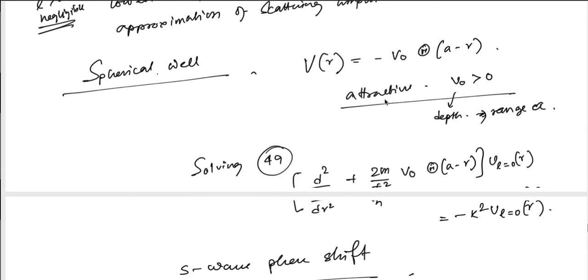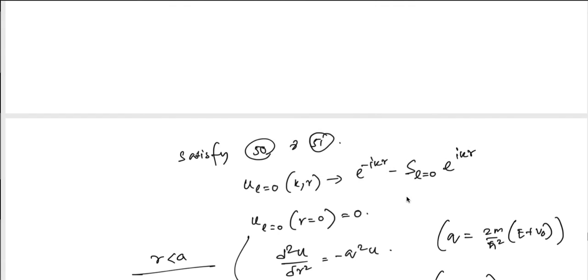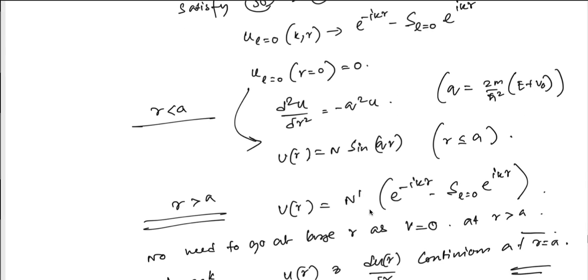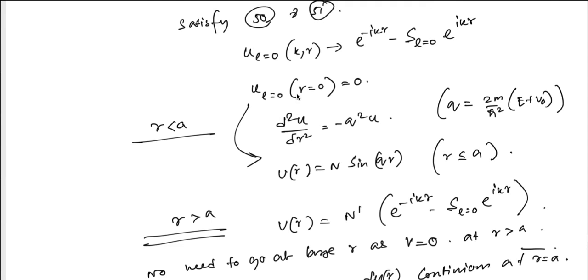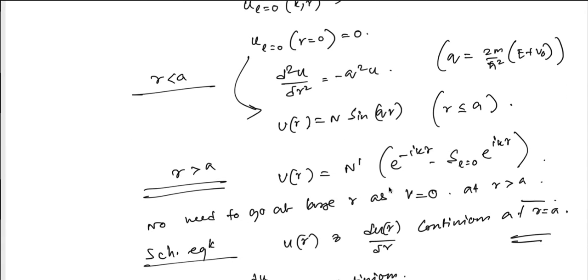It's not enough just to solve this equation, we have to also satisfy the asymptotic forms, which is at large r it must be of this form, and at small r going to 0 it must be of this form. So if I plug these forms in, this satisfies the equation at r less than a, and the solution is N sin(qr) for r less than or equal to a. Here q is basically the square root of 2m/ħ² times (E plus V0), and for r greater than a, the solution is of this form.